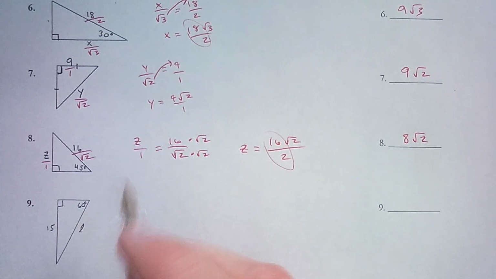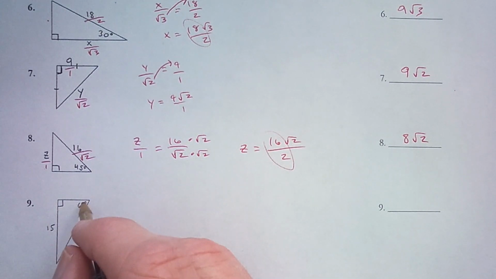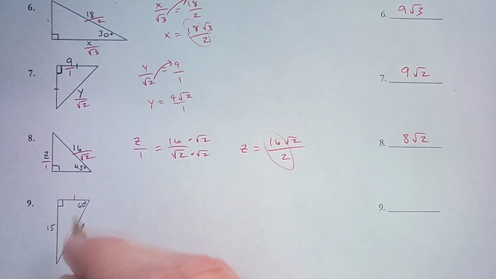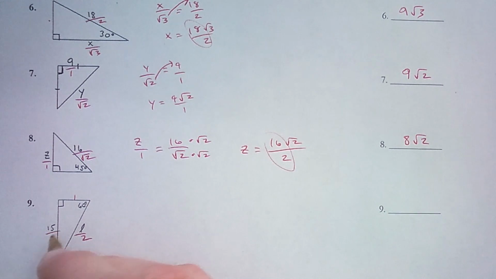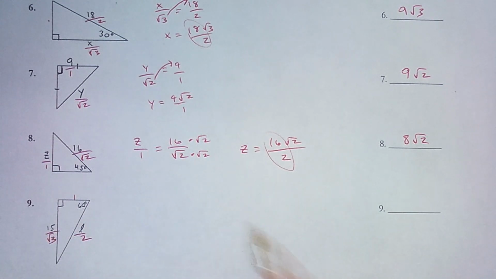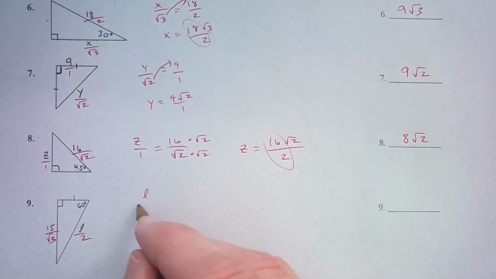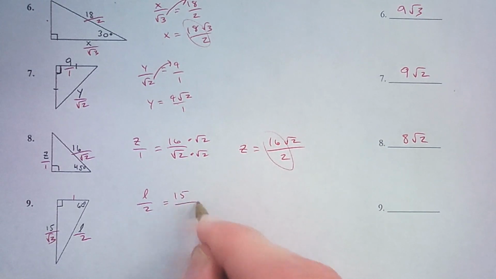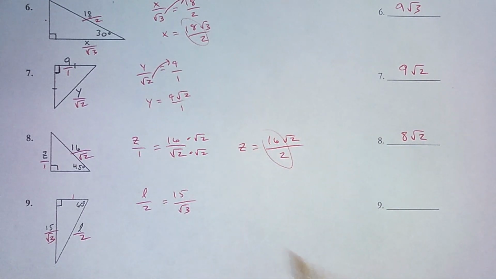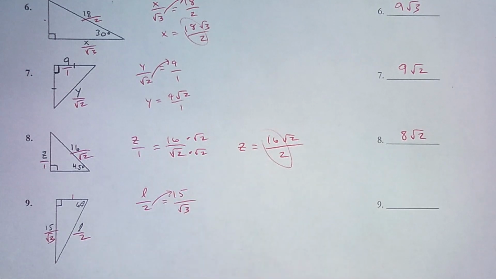And our last one, we have a 30, 60, 90. The shorter leg is to 1 as the hypotenuse is to 2, and the longer leg is to the square root of 3. So L is to 2 as 15 is to the square root of 3. So I'll multiply this across.